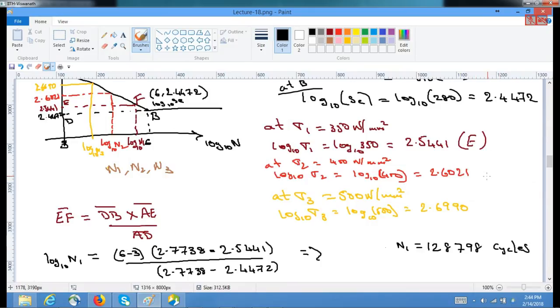Similarly, now you can put a new E, which is 2.6021, in this place and recompute your N2.